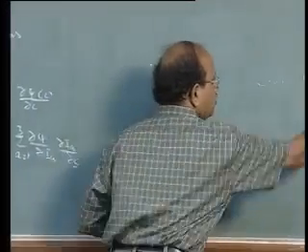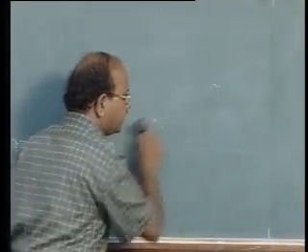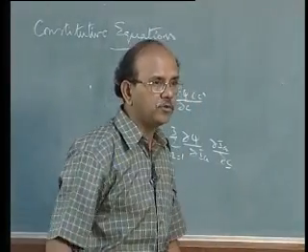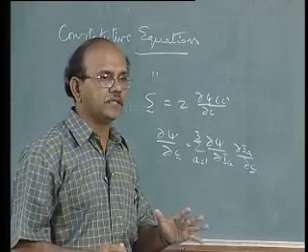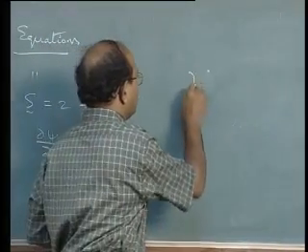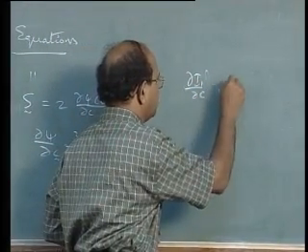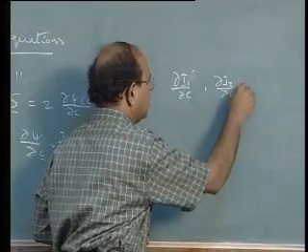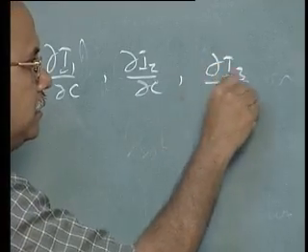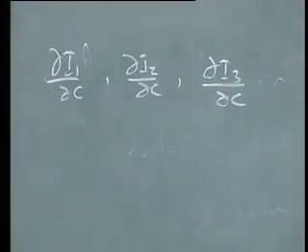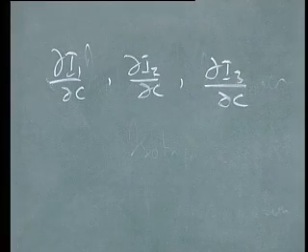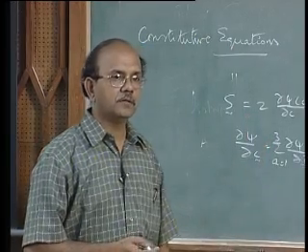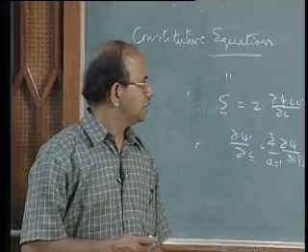I need to know dou I1 by dou C, dou I2 by dou C, and dou I3 by dou C. If I know all these things, I can get one expression for S. No problem at all. Substitute it here. Now if I know this function, I can get straight away the relationship. Let's see what they are.